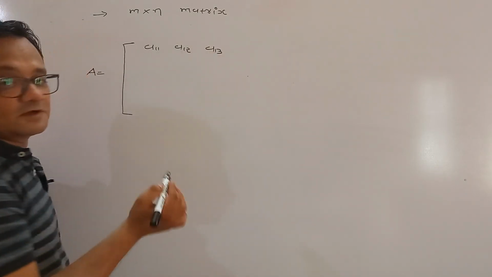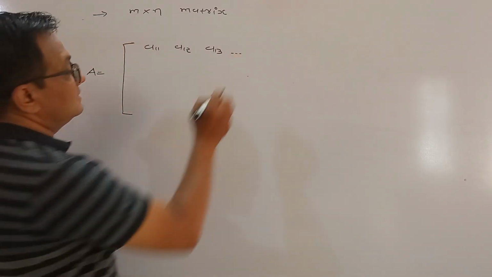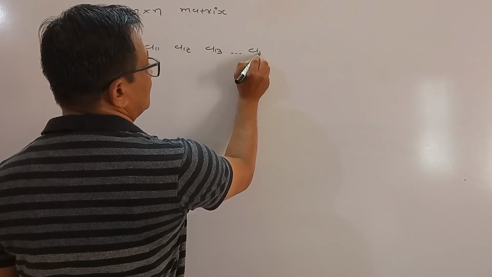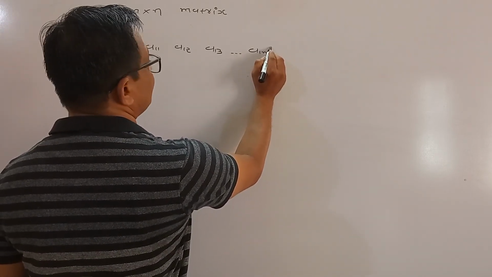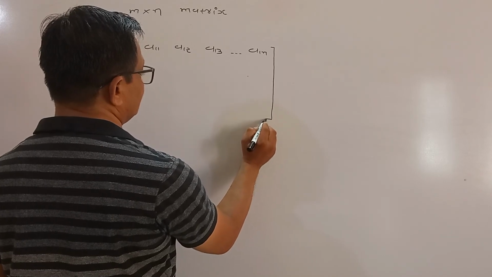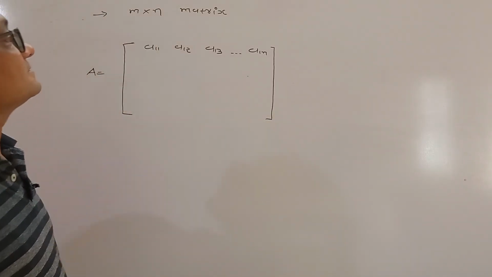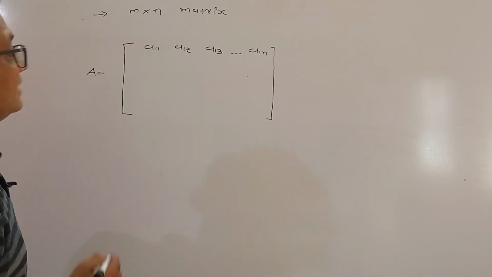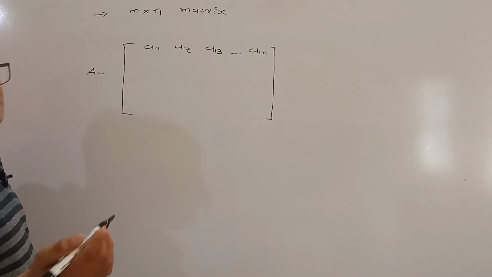A13 is first row, third column, and so on. Now the last element of the first row is a1n. Why a1n? Because a1n is situated in the first row and nth column, because the order of our matrix is m by n. So the first row is complete: a11, a12, a13 up to a1n.